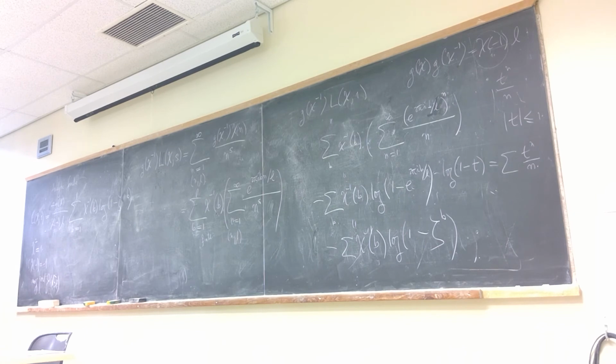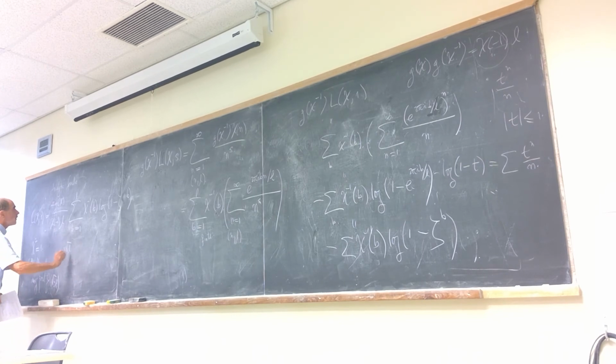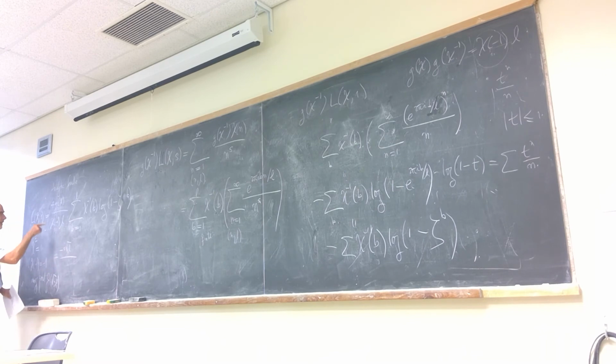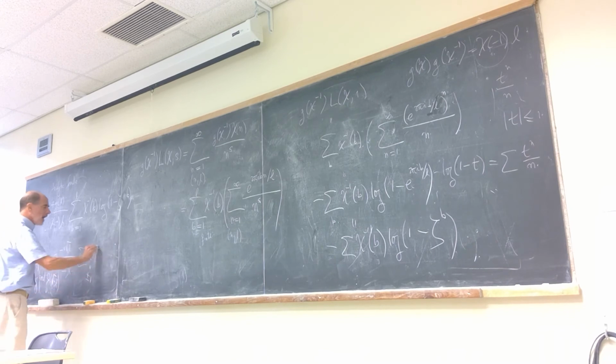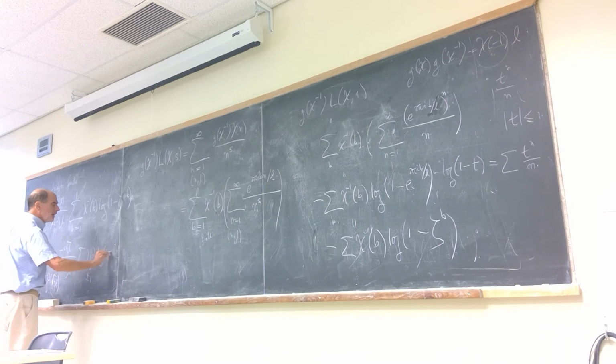So G of chi is i times the square root of L. So then this becomes minus i square root of L, positive square root of L, divided by, this is minus 1 and this is L. So minus L. And then chi inverse is the same as chi, so it's just chi of b, which is plus or minus 1, right? Times the log of 1 minus zeta to the b.